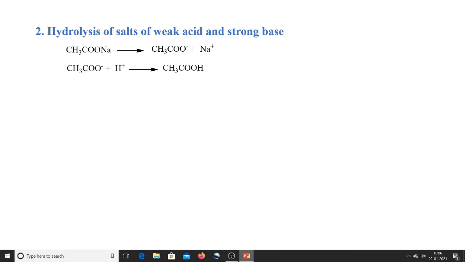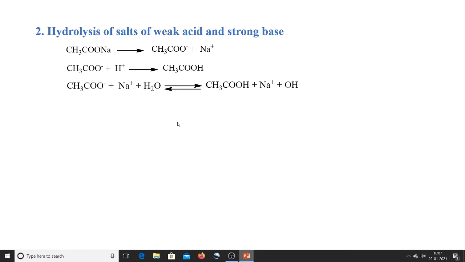So the hydrolysis reaction of sodium acetate we can write as CH3COO minus plus Na plus plus water molecule and to the formation of acetic acid plus Na plus plus OH minus. Now by cancelling the common ions on both sides, that is the Na plus, and by taking the concentration of water is constant because water is present in excess amount. So water molecule or concentration of water is taking constant.